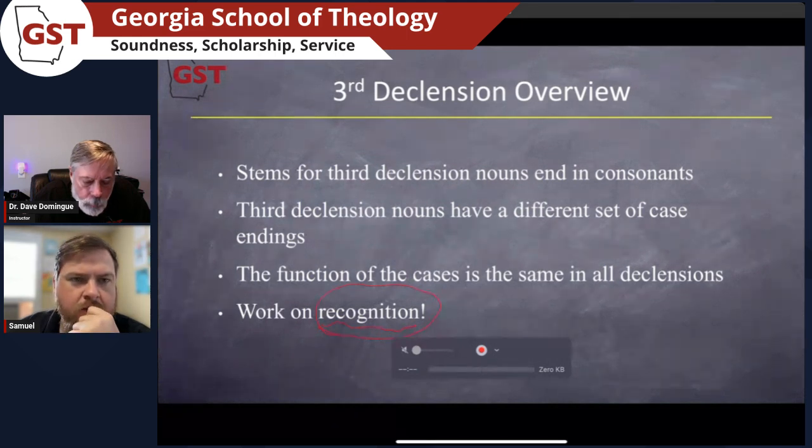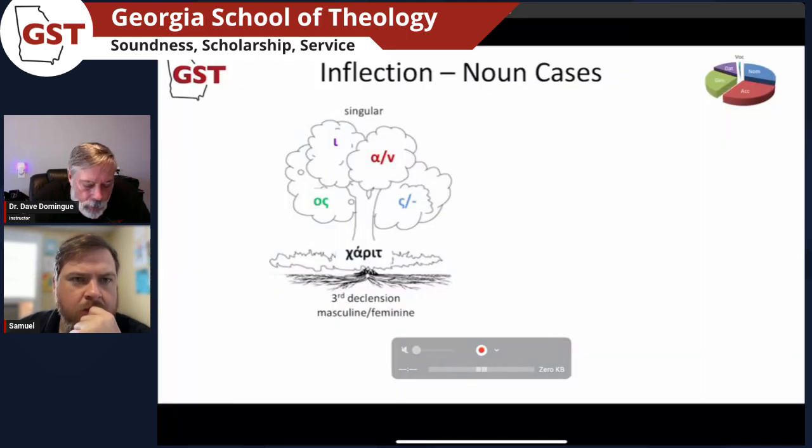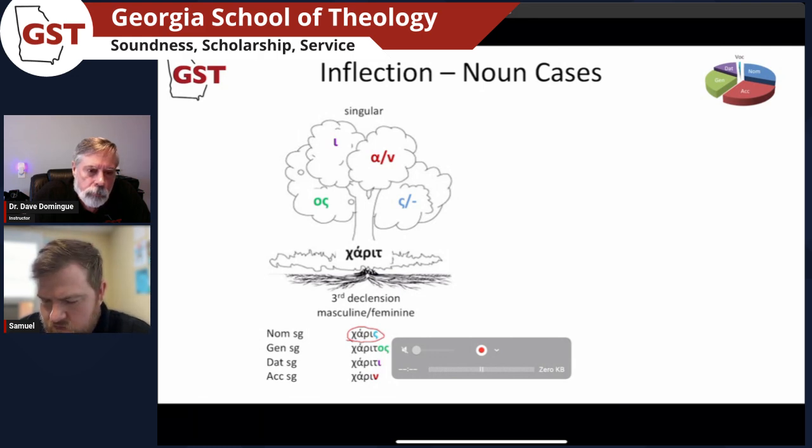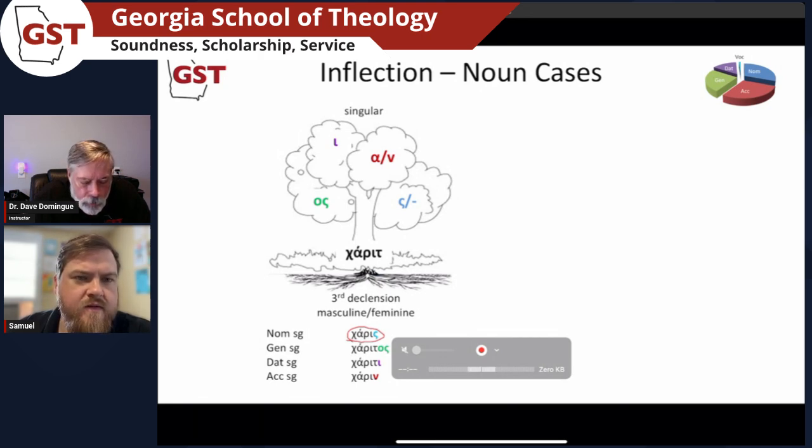So for a third declension word, let's take the word charis. You remember the word charis? You've heard it before, I'm sure. What does it mean? Grace. So charis is a third declension noun; its stem ends in a consonant.